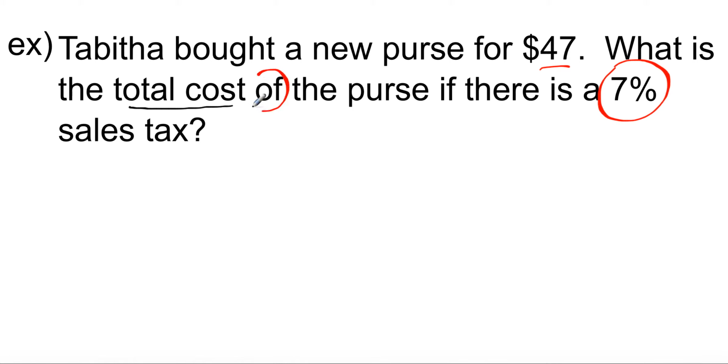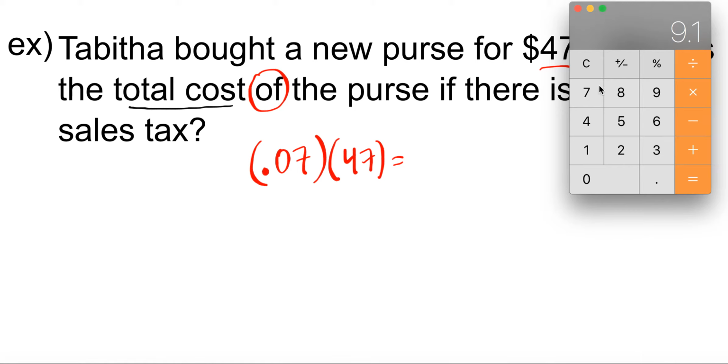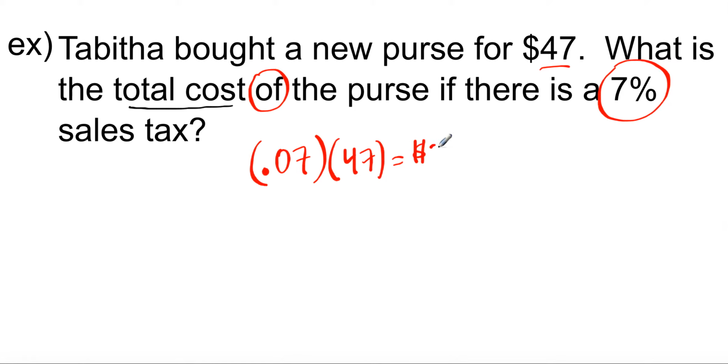Of, there's that word, means to multiply. 7% is written as 0.07 as a decimal. Multiply that by the original here, which is $47. And the sales tax is 0.07 times 47, which gives me $3.29. Now that's just the tax.